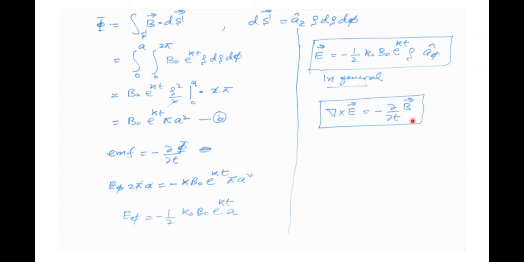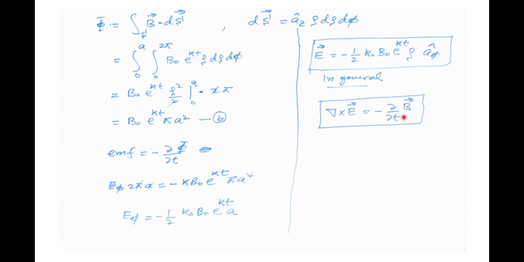So this represents the total electric field in between rho equal to a and rho equal to b. A similar relation of the electric field can also be obtained by using the differential form of Faraday's law, that is del cross E equal to minus partial B by partial t. In this case, expand this relation in a cylindrical coordinate system and consider only the phi component of the E field.